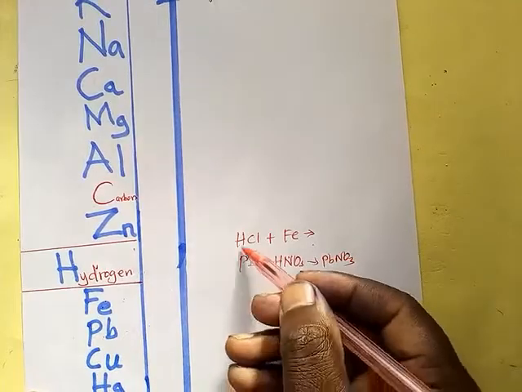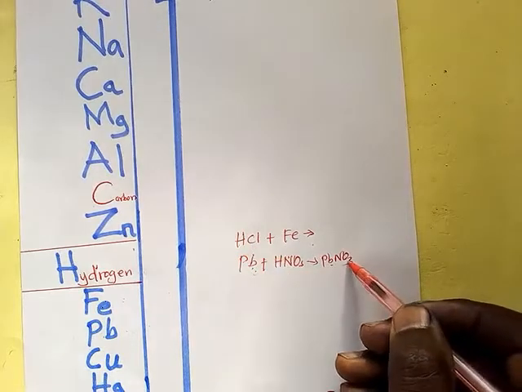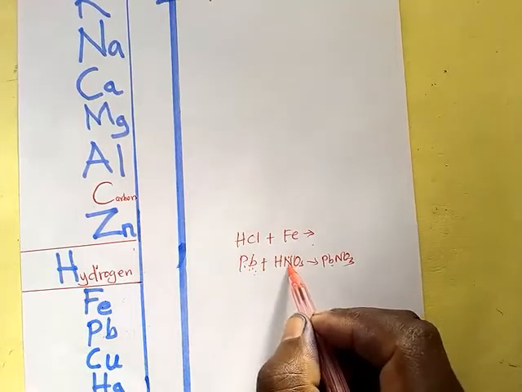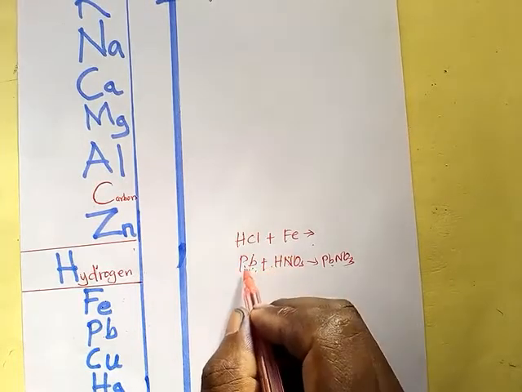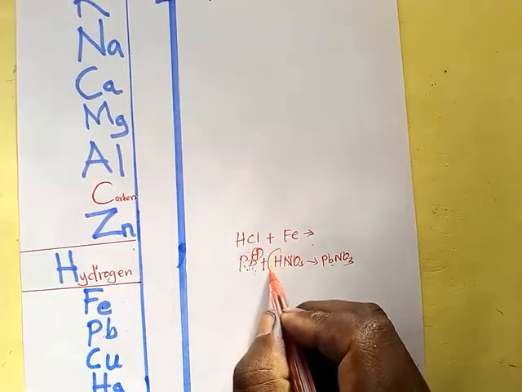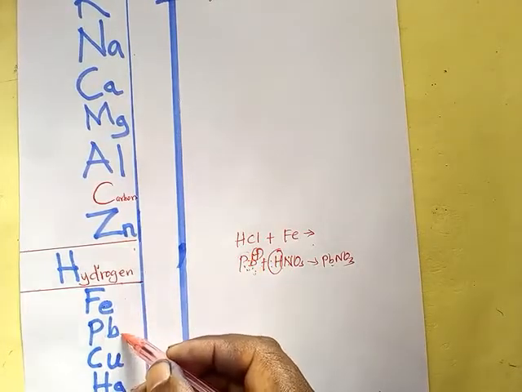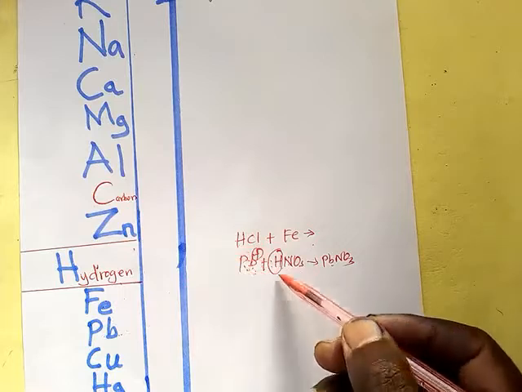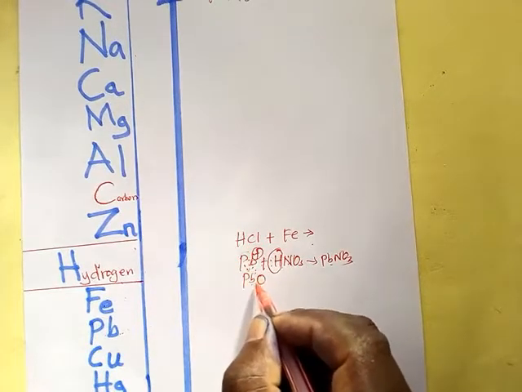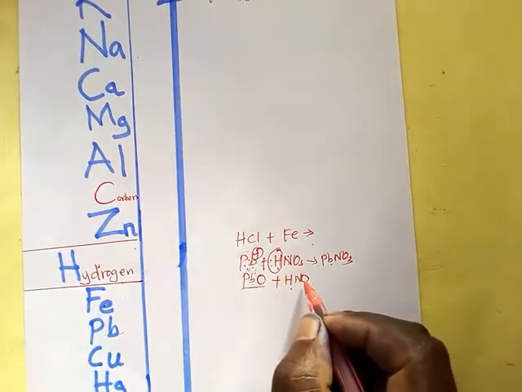If you are asked, starting with lead, to describe how to prepare lead nitrate, there is no way you are going to say add nitric acid to lead. Why? Because lead cannot displace the hydrogen here, because lead is less reactive than hydrogen. You understand that? Therefore, in this case, you must react lead with oxygen to form lead oxide and then react it with nitric acid. Now you must make it an oxide.